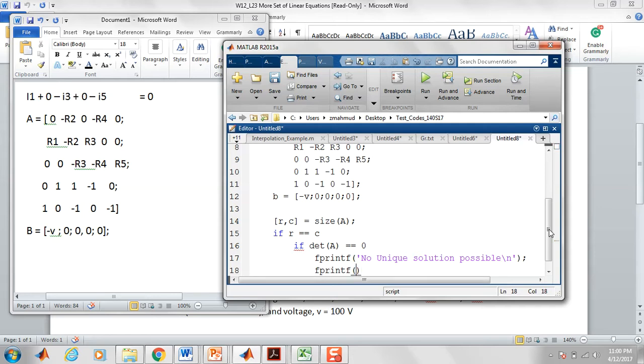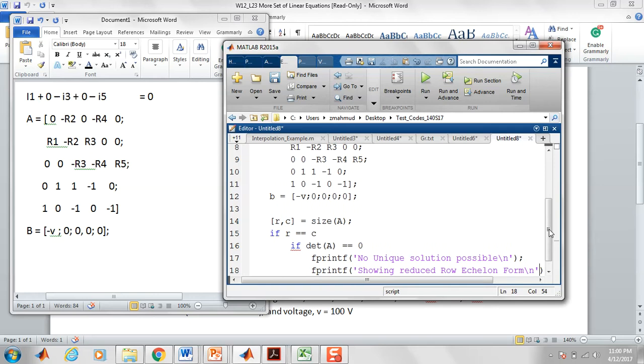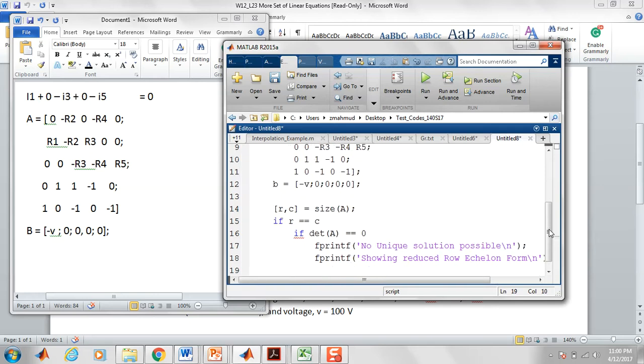And then you want to say printf again, showing reduced row echelon form. Next line, and I will later on copy and paste this for the other cases.